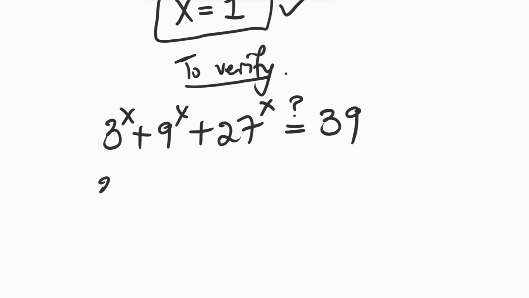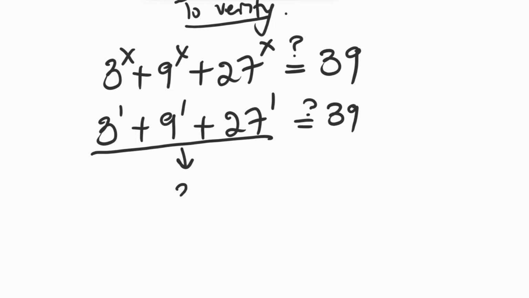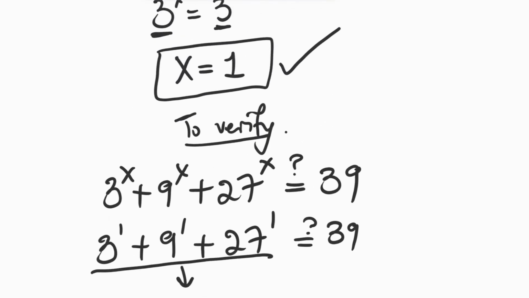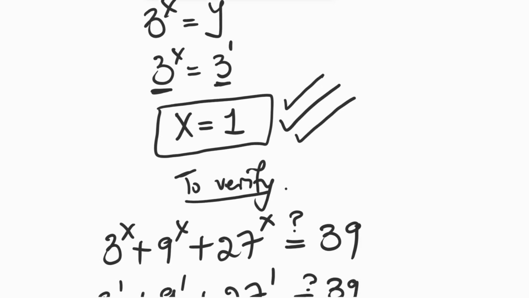So now we have 3 raised to the power 1 plus 9 raised to the power 1 plus 27 raised to the power 1. And if we add up everything we have here, it is equal to 39. And here we see that the left hand side is equal to our right hand side. So therefore our value of x, which is 1, is the correct answer.